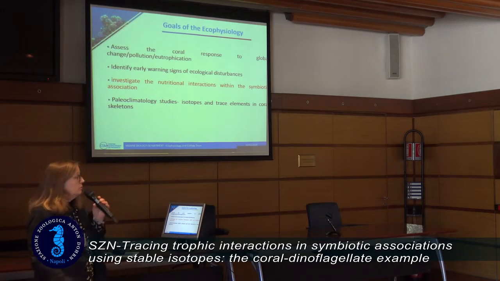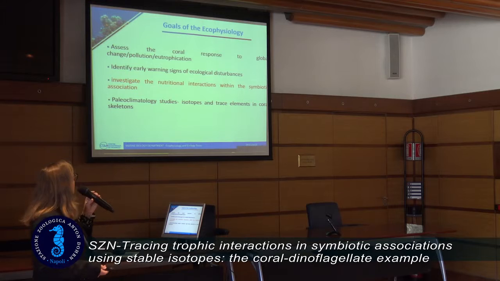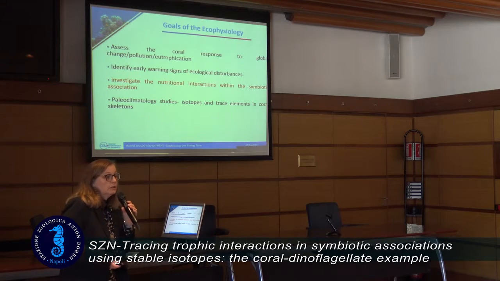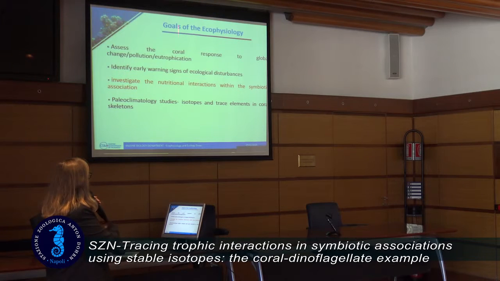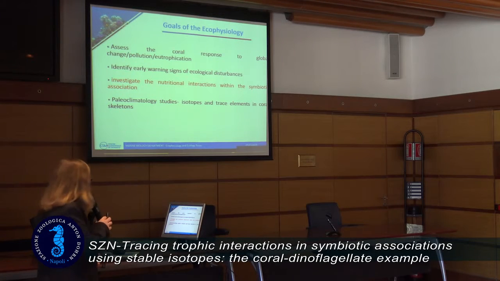We also work on the nutritional interactions among the different partners of the corals, and we do some paleoclimatology studies, looking at isotopes and trace elements in the skeletons to reconstruct past climate. And today I will just talk about the nutritional interactions, just one subject, otherwise it would be too long.